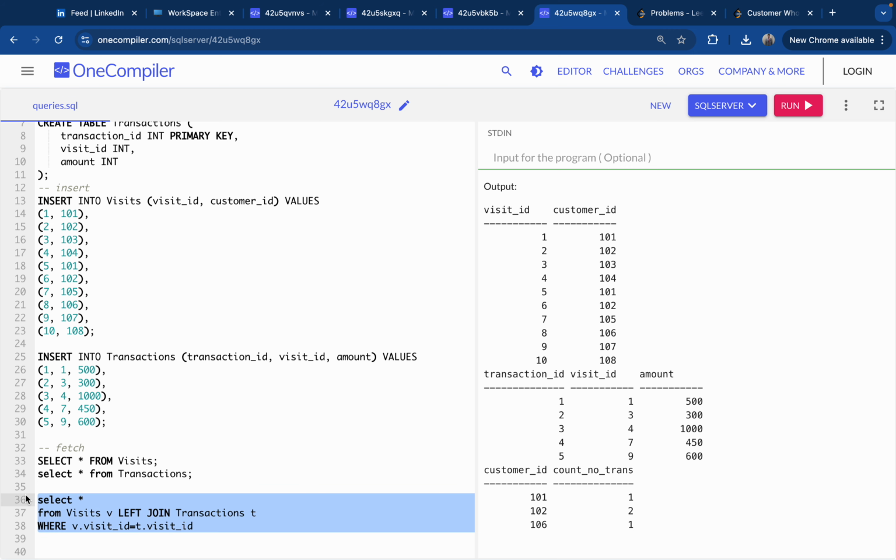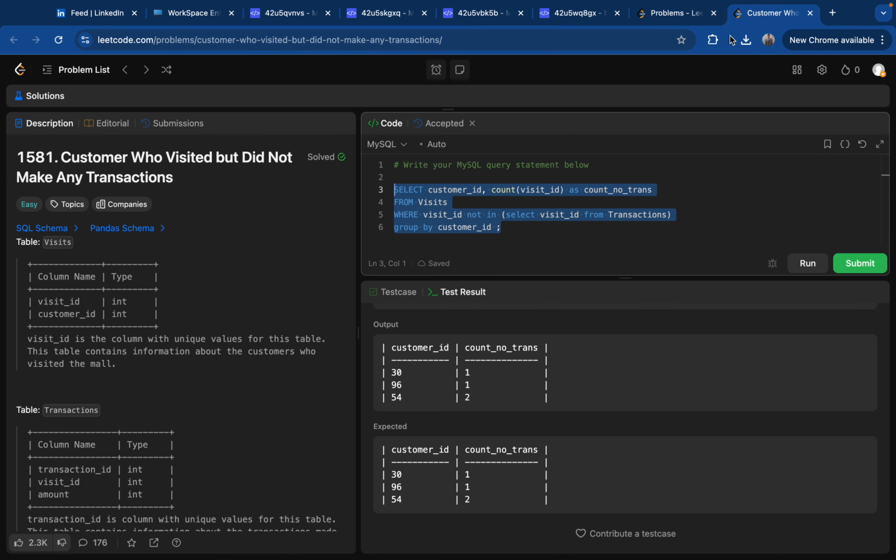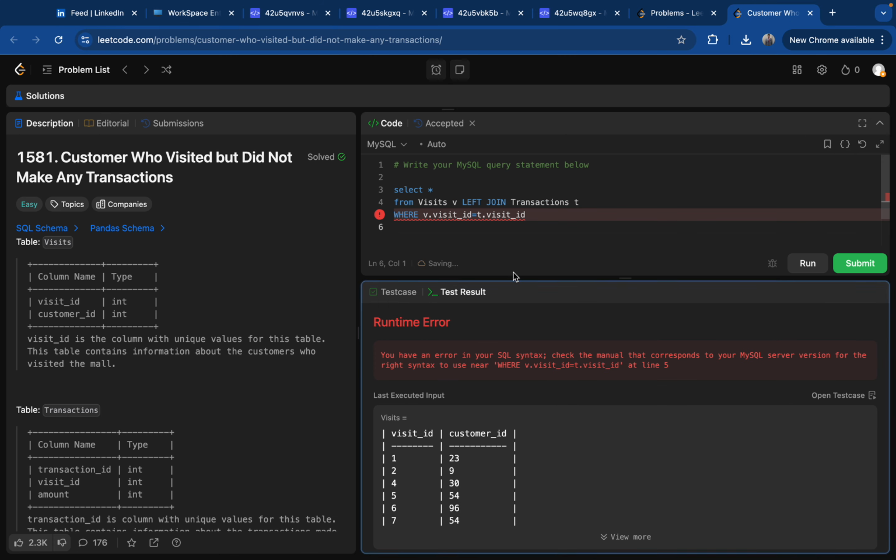So if I copy this one and take it to LeetCode, this is just to make sure that we are understanding everything. Okay, we have to use on.